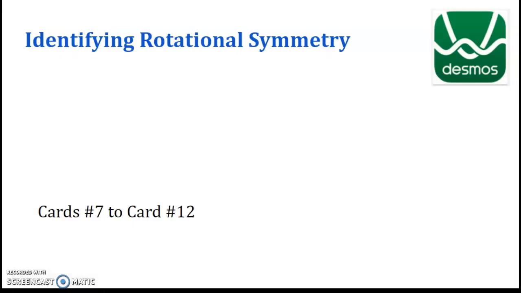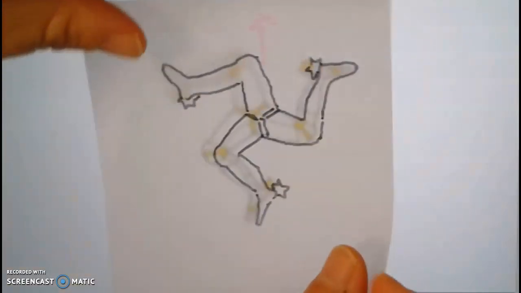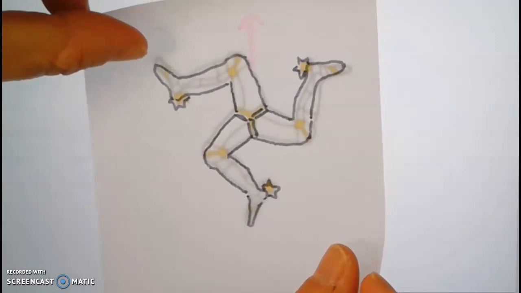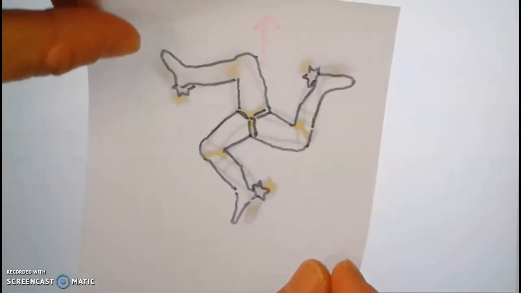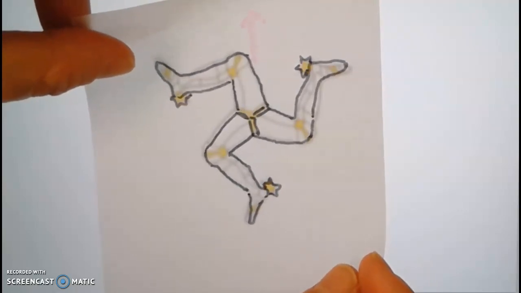And now you're going to be working on cards number 7 to 12 of Desmos. Here we go. This is card number 7. Does this image have rotational symmetry? Well, if I trace this and start turning, does it match up exactly? Notice that red mark tells me where the top is.